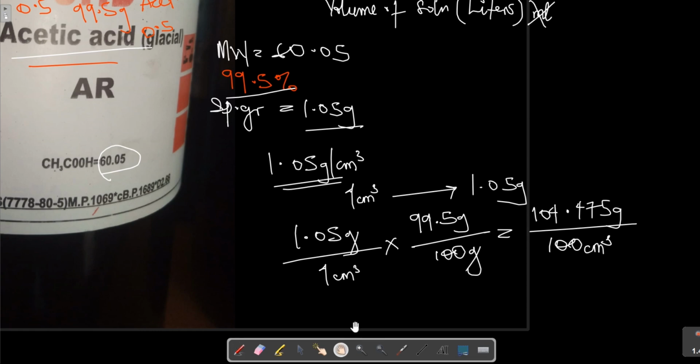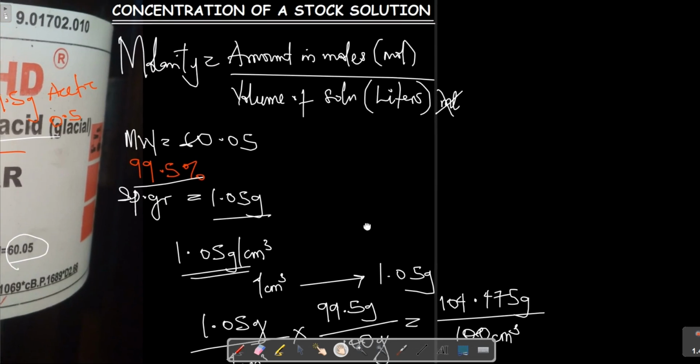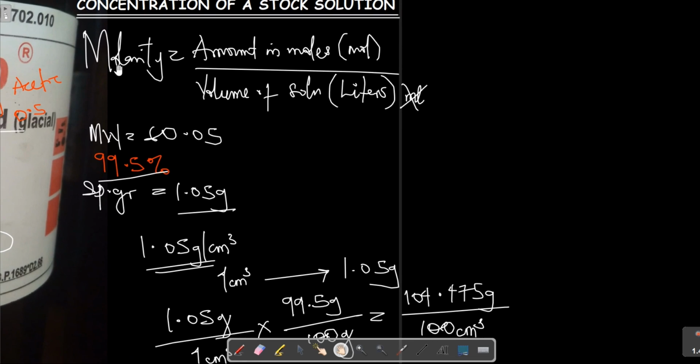Now, from the definition of concentration in molarity, we said concentration is the amount in moles, number of moles of the solute, over the volume of solution. So now let's get the amount in moles. To get the amount in moles, it is mass over molar mass.